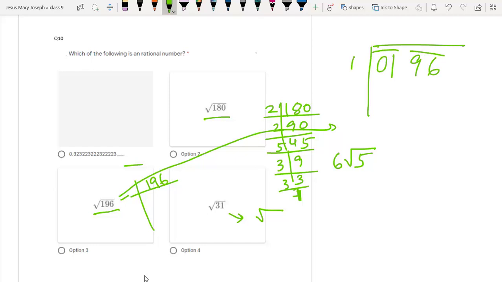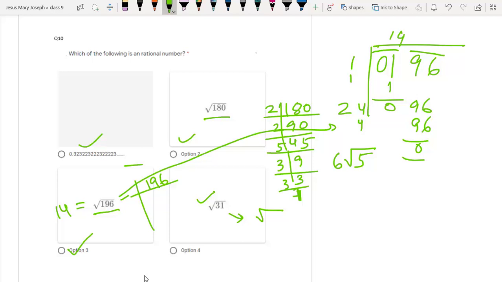This 1 can be taken with 1. 96 will come down. There you have 2, 4, 4, 4. So we have got 96. So this answer is equal to 14. So we can say this is irrational, this is irrational, this is irrational.